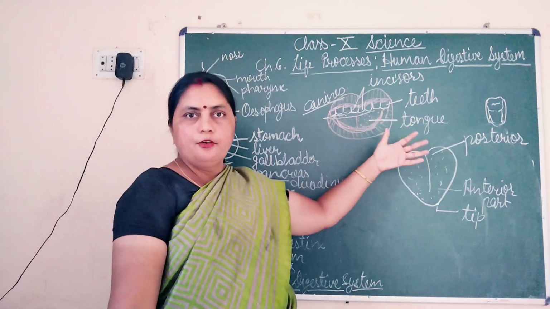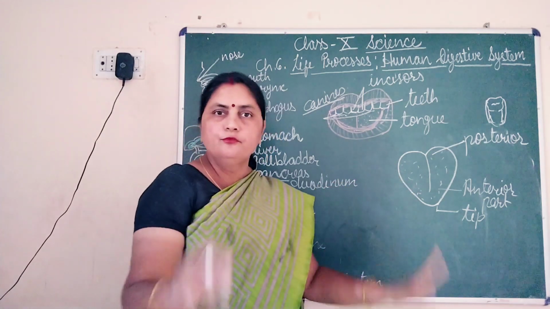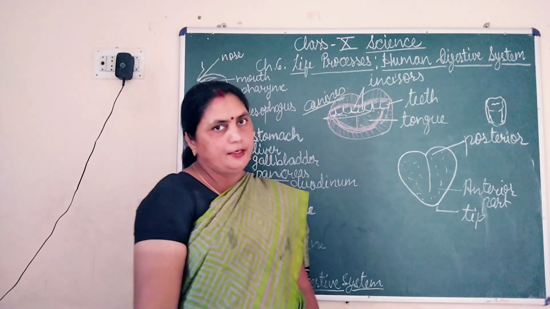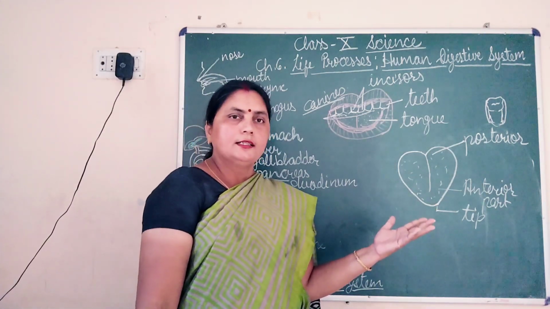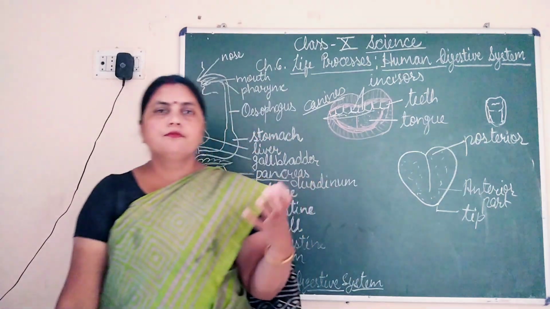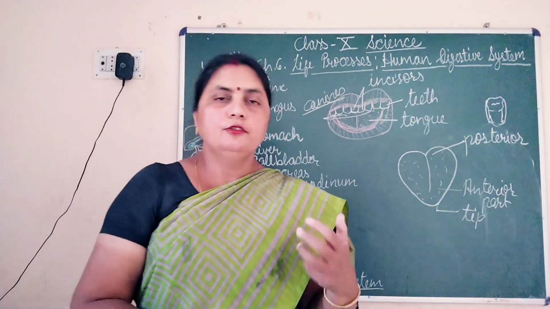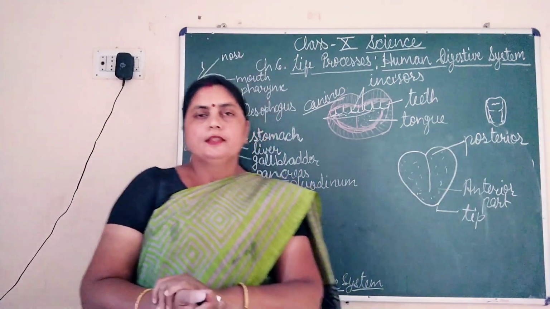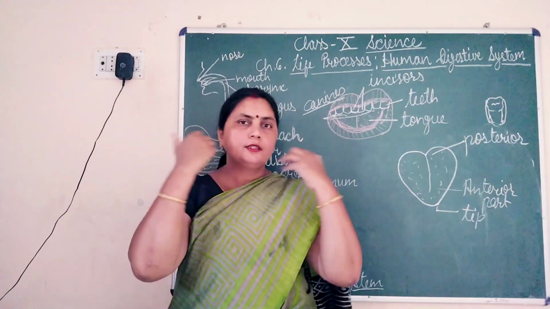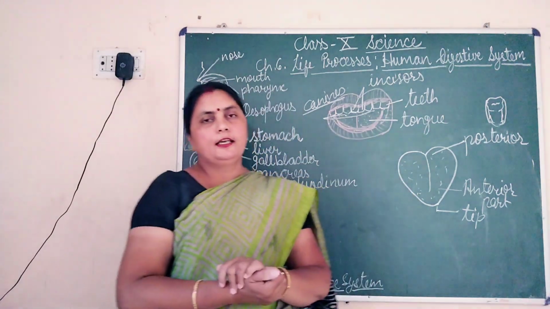So tongue is fixed from posterior part. Its anterior part is free. It is freely movable inside the buccal cavity. So because it is freely movable, what is its role? It brings the food between the teeth for chewing. I told you that when we take the food in our buccal cavity, then it has to be taken to both the sides between premolars and molars so that it can be chewed.